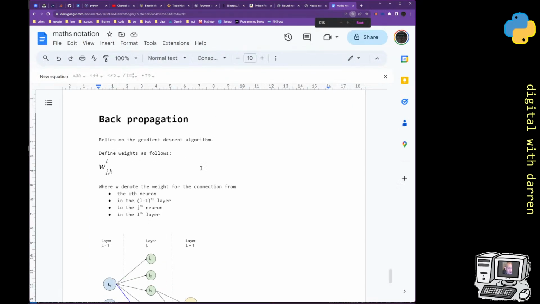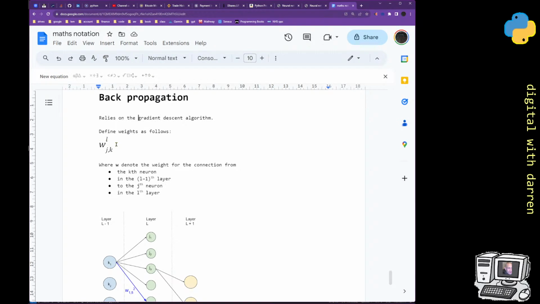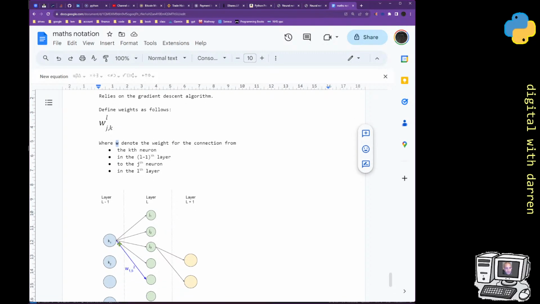So there we go. This is the notation that was written initially, and this is describing what it means. We're going to go through a bit more about what it means so that we're clear on it, but this W here denotes this weighting. So one of these lines, it's got a weighting between this kth neuron and the kth neuron, which lies in the L-1th layer.